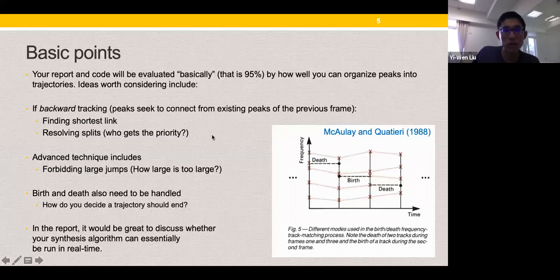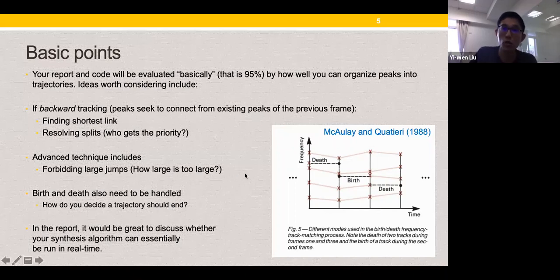Because trajectory really is to imitate the way the human eyes, when we look at the distribution of peaks, automatically see trajectories. That's what our vision tells us. So in that regard, maybe in your strategy, you might want to avoid large jumps in frequency.